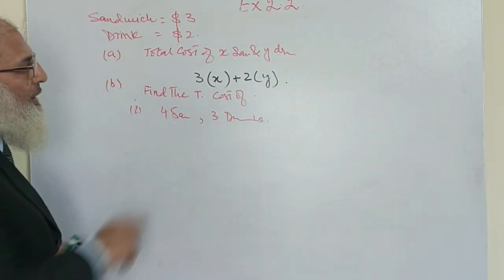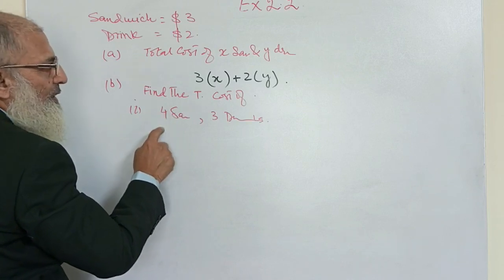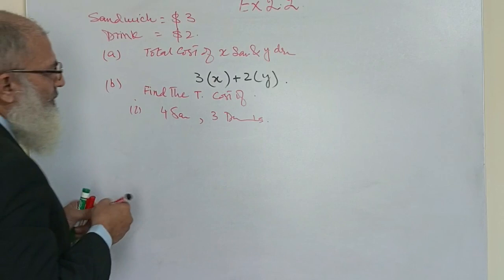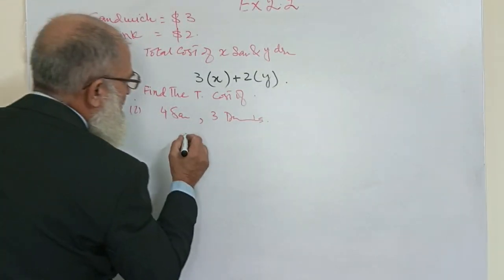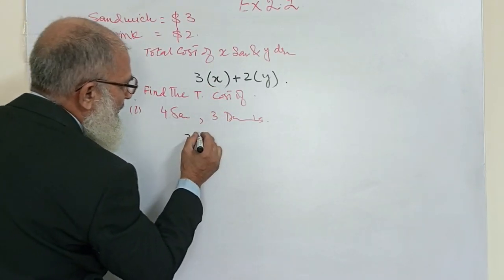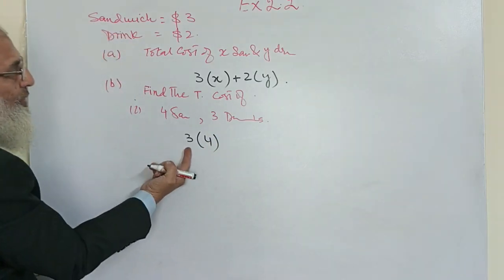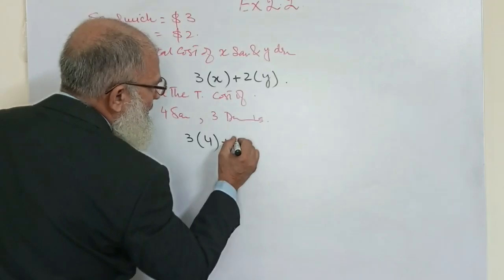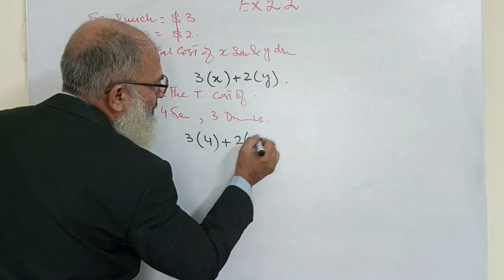X stands for sandwiches, Y stands for drinks. What we have to do is only substitute. This is the dollar, this is the quantity, plus the dollar again and the quantity again.